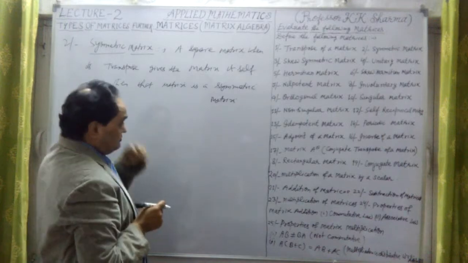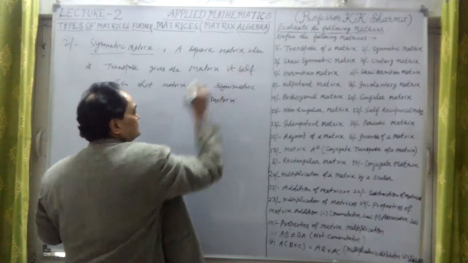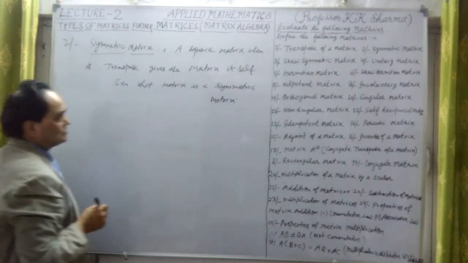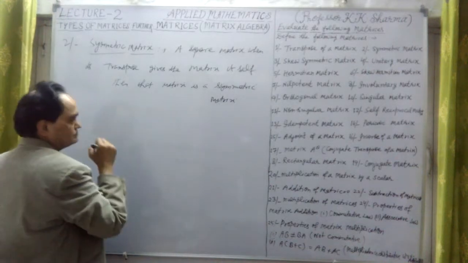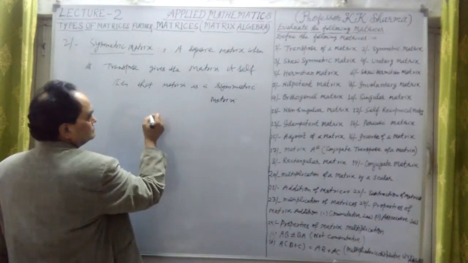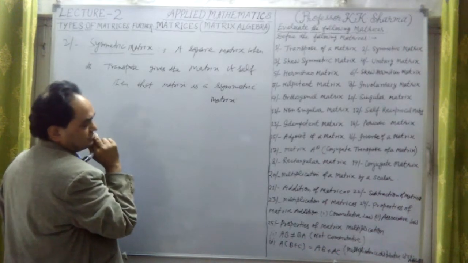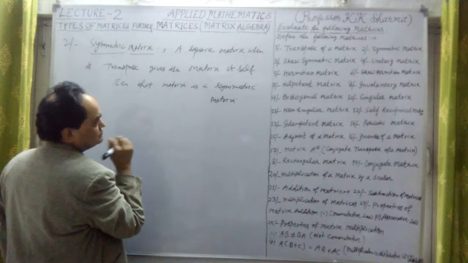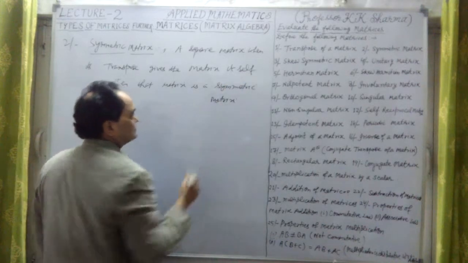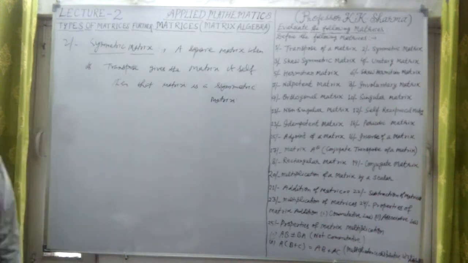Now let me take one instance here. If I take a symmetric matrix and transpose it, the transpose gives us the matrix itself. That means that matrix is known as a symmetric matrix.